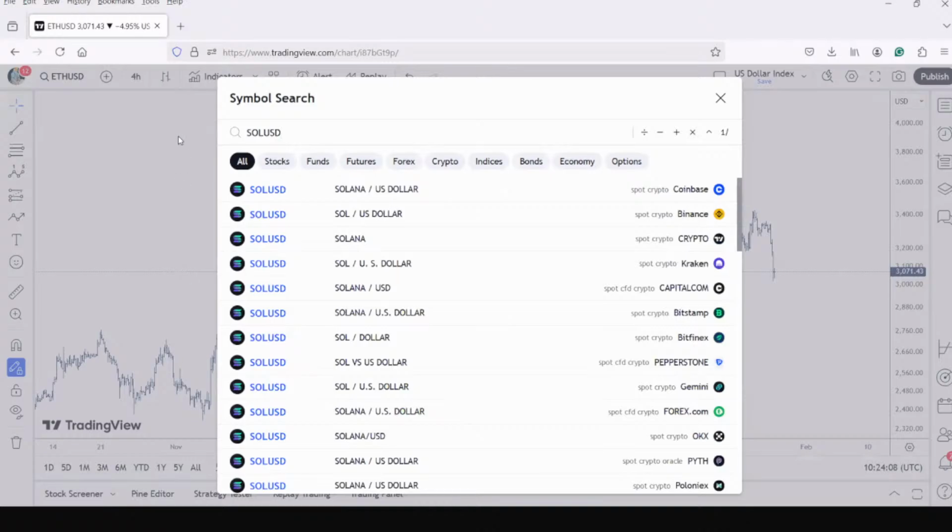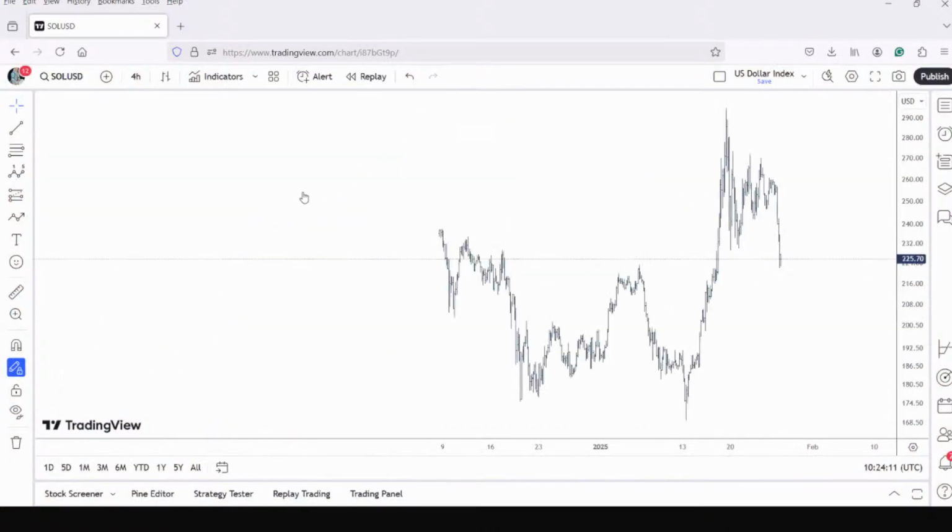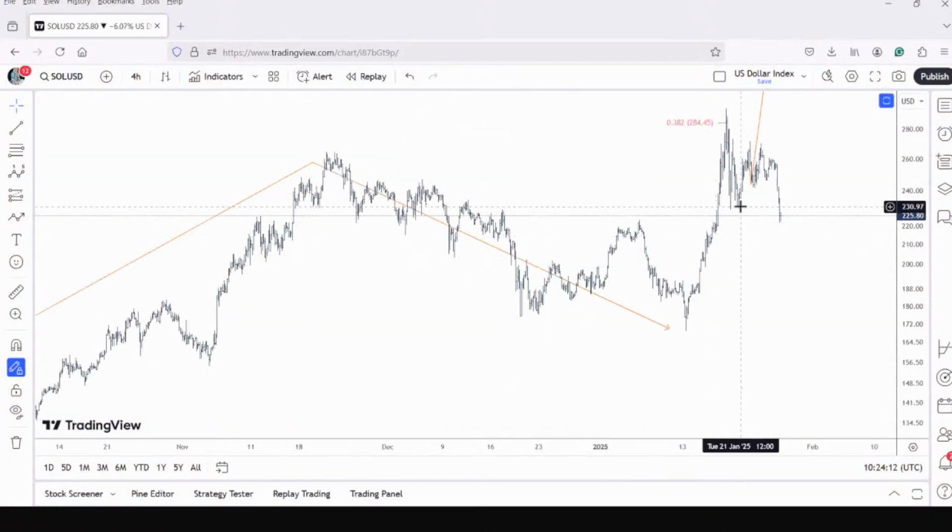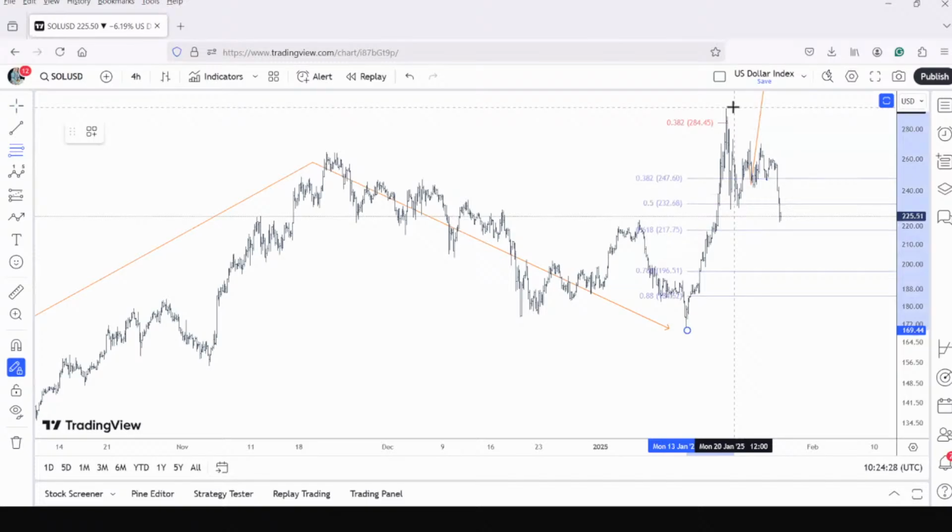Even for Solana, it would be the same because our stop losses were very tight. We have been taken out, but that is perfectly fine. That was a strong risk reward ratio. It is possibly carving wave two.